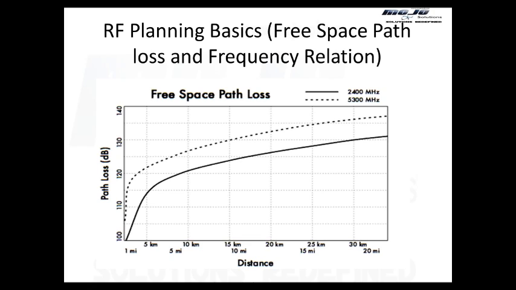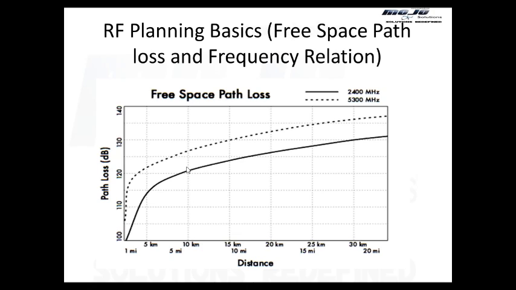If you draw the path loss equation which I explained to you guys on a graph, it will look something like this. On the y-axis is loss and on the x-axis is distance, and you see the loss for 5300 megahertz and 2400 megahertz. You see the 5300 megahertz signal has higher losses for the same amount of distance.